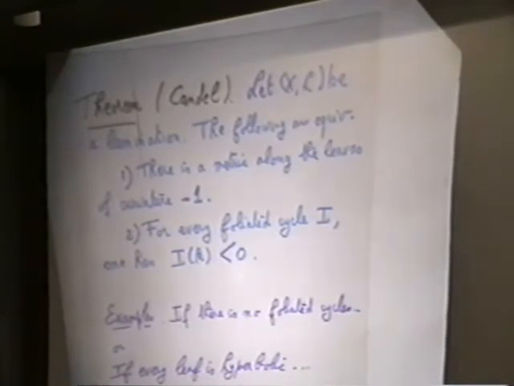If you have a Riemann surface lamination, and you want to know if it's possible to find a Hermitian metric along the leaves, which is continuous on the set and smooth along the leaves and has constant negative curvature along the leaves, then this happens if and only if, for every foliation cycle I, the Euler characteristic I of k is negative.